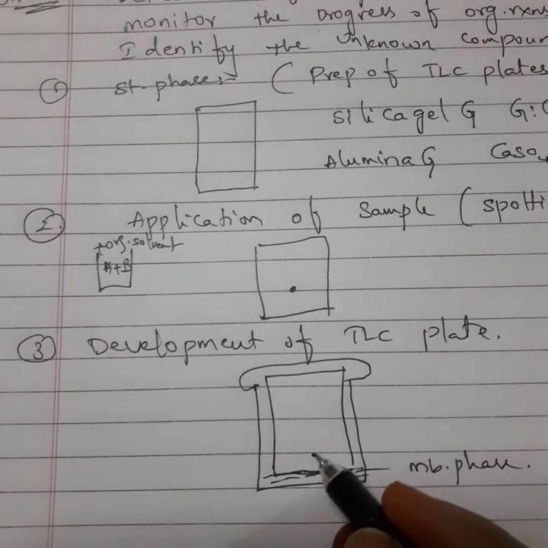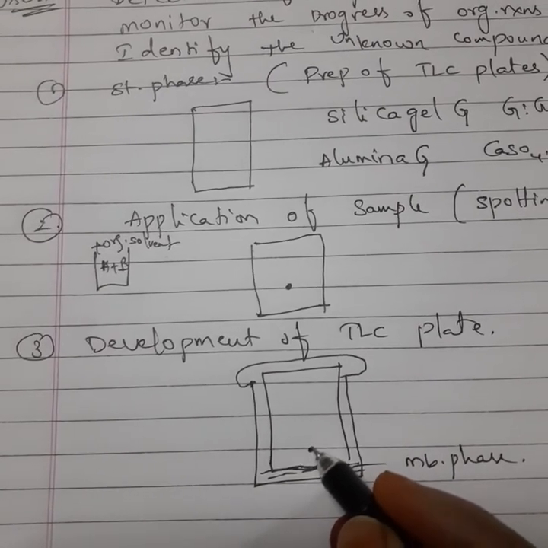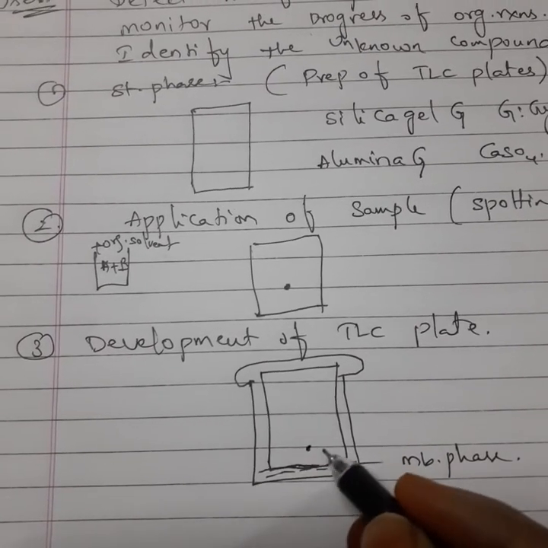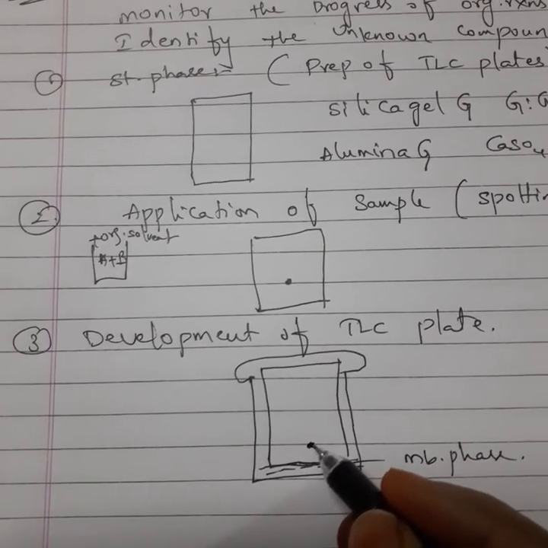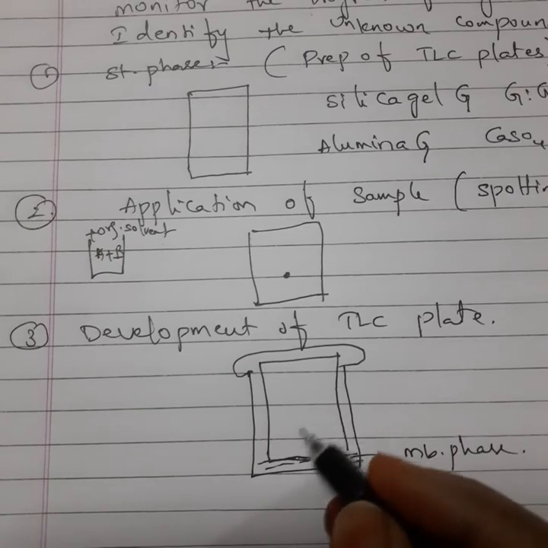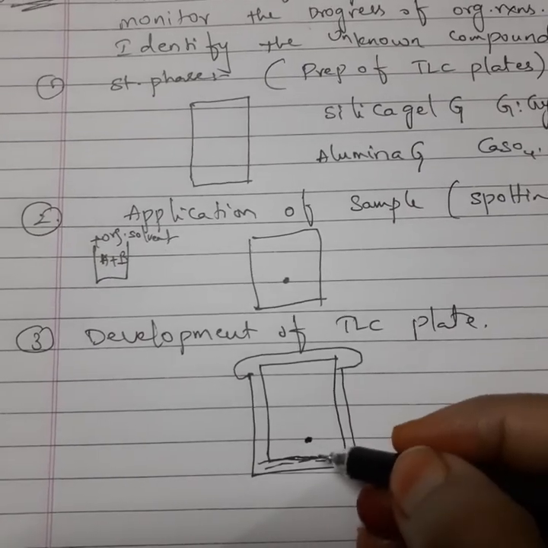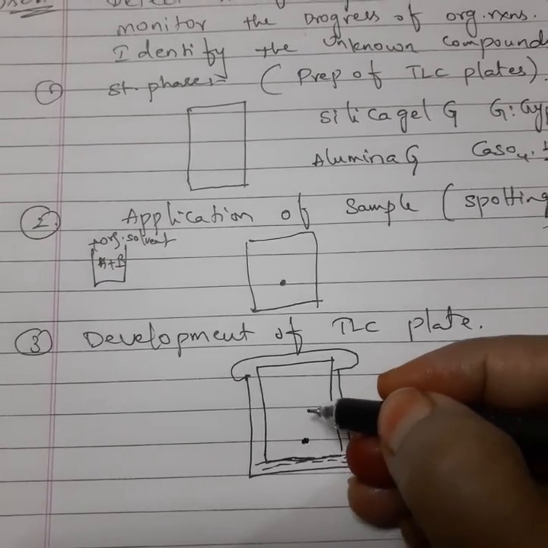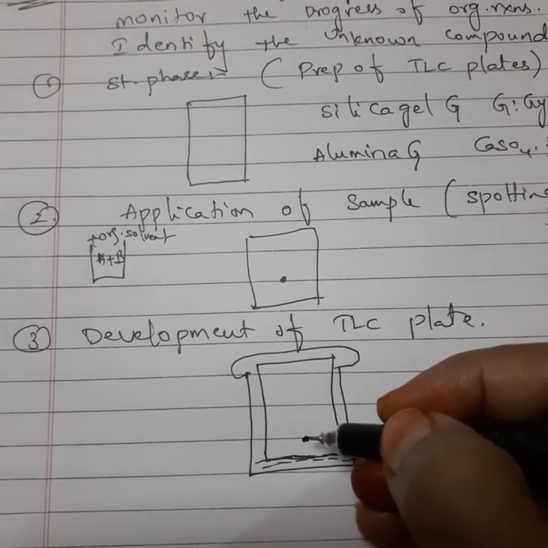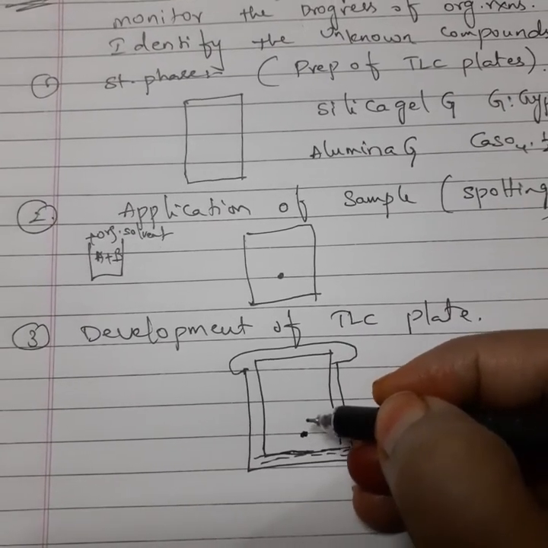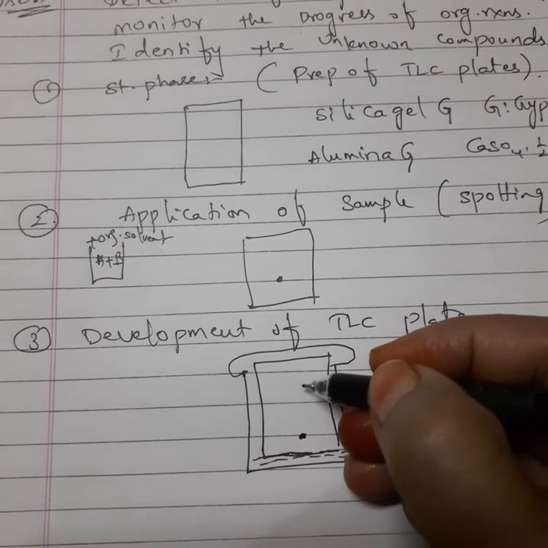So, and here what is this spot? This spot is nothing but what? A and B. Actually, depending upon the polarity, this A and B will get adsorbed to this stationary phase. But when the mobile phase is coming up, this A and B, depending upon their adsorption strengths, will also travel along with the solvent.